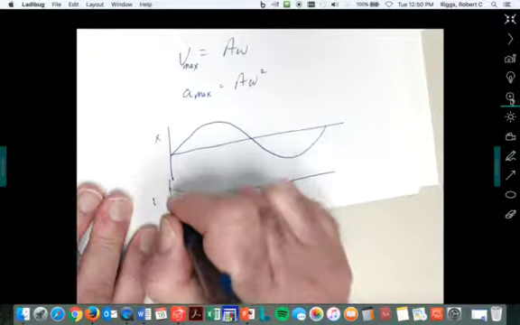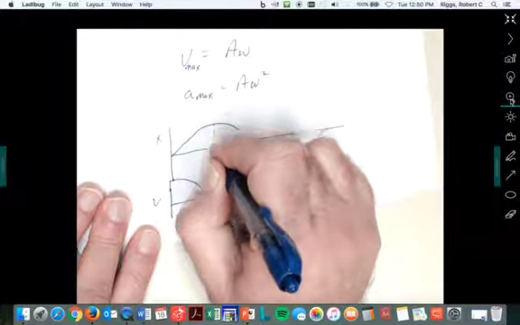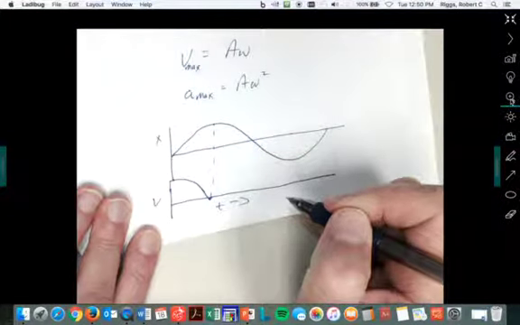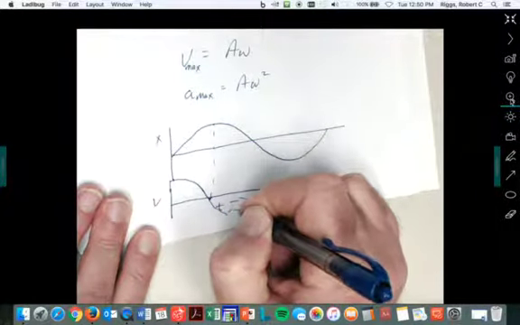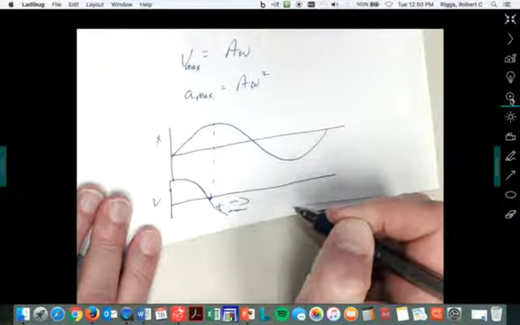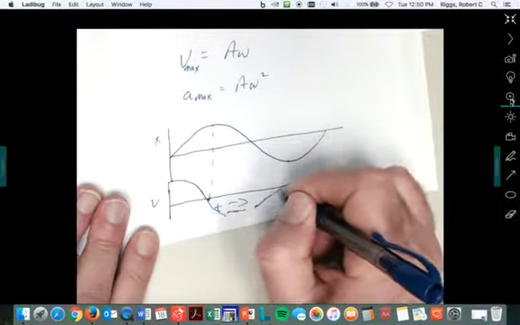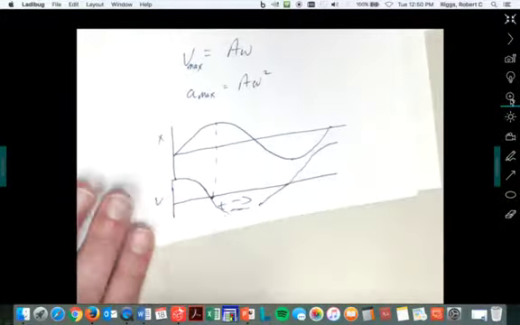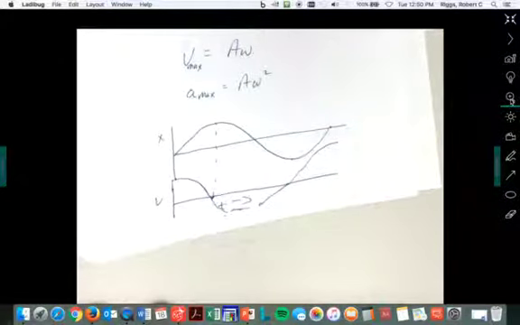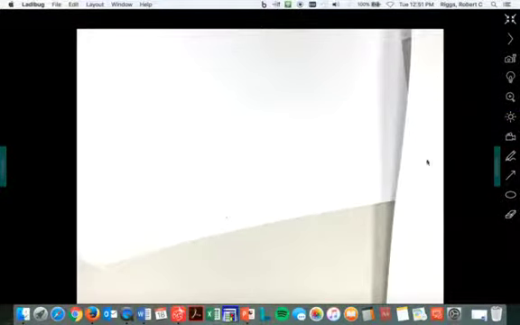The maximum velocity would be up here, and when this is at a maximum, the displacement is 0. Then it comes down here, and when this is at 0, the velocity is at a maximum down here, going back in the other direction. And then again, this is at a maximum, so this would be at 0, and when this is at 0, this is back up at a maximum again. I use that for the other problem too, so that should help you with all the other things on that problem.